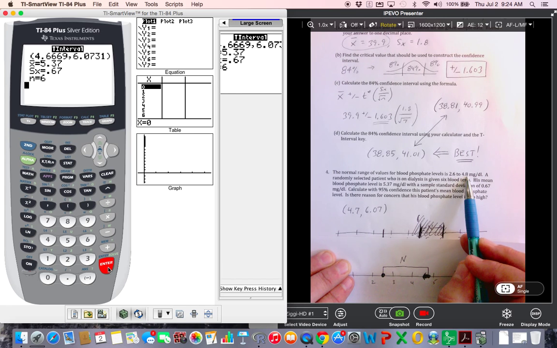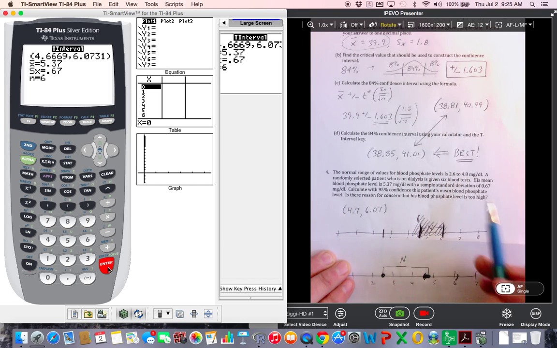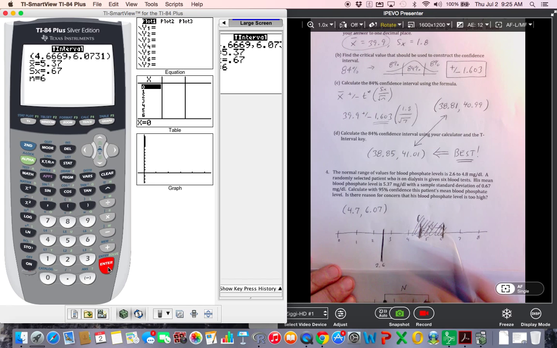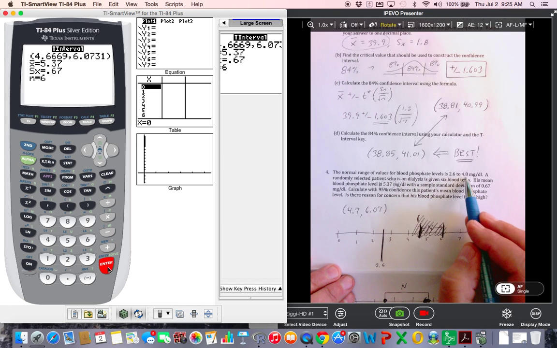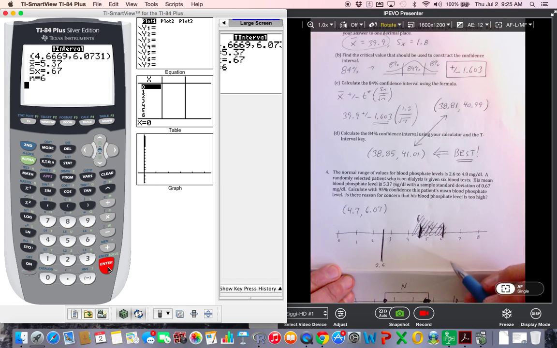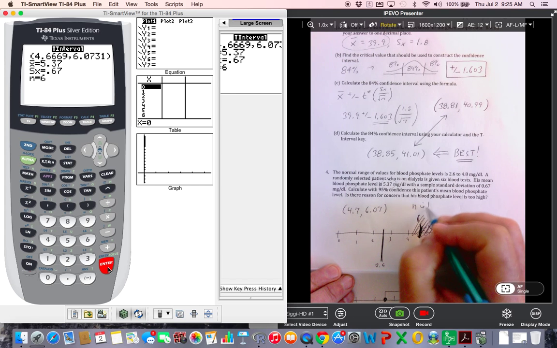Is there kind of an empirical common sense concern? I think so. This person's mean was 5.37, which is above the 4.8. But statistically speaking, we couldn't conclude. Now, first of all, major concerns here. First of all, N is too low.